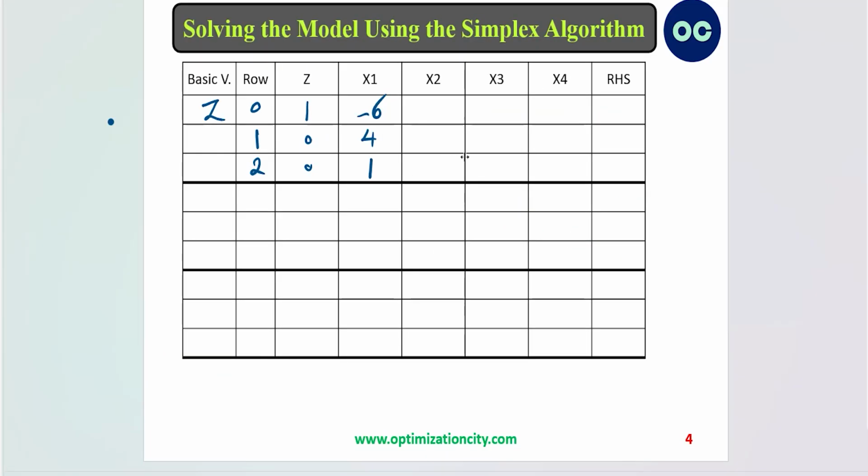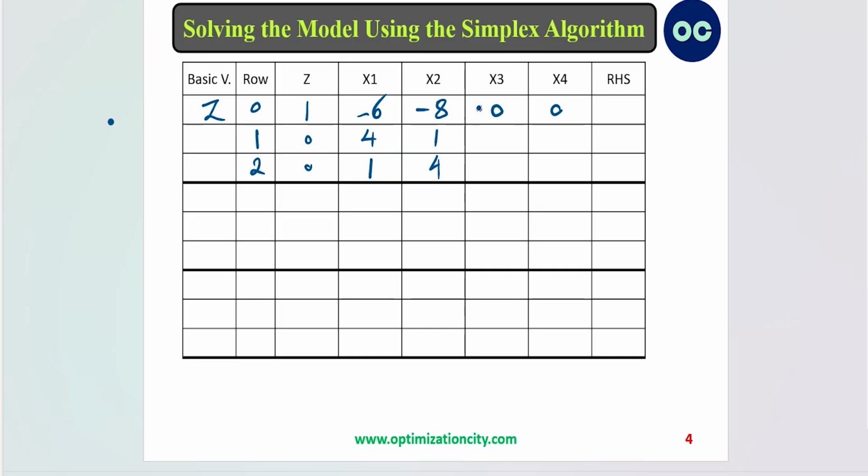x2. The coefficient of x2 in row number 0 is minus 8. In constraint number 1 it is 1 and in constraint number 2 it is 4. The slack variables x3 and x4 do not appear in the objective function, so their coefficients are 0.